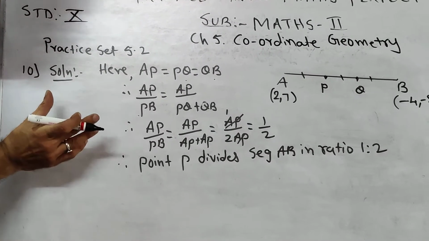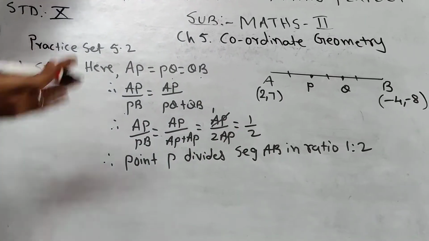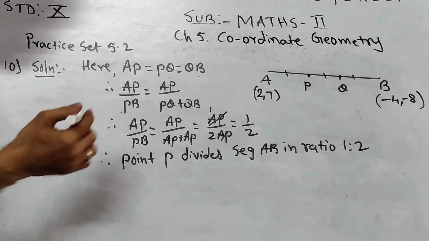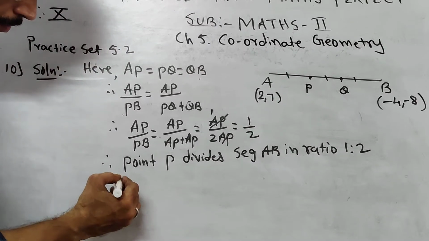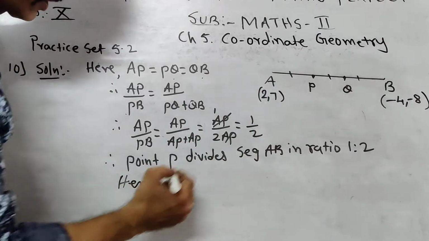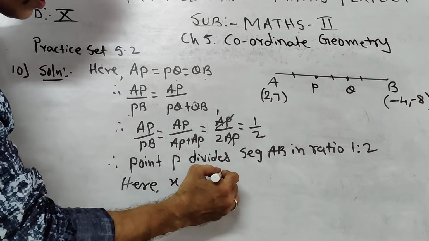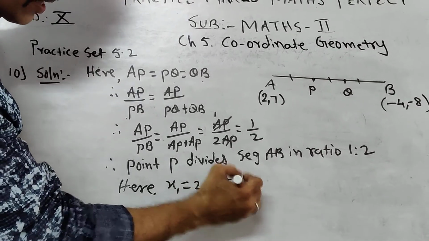This sum is different, this sum is totally based on the section formula. So here x1 is 2, y1 is 7.